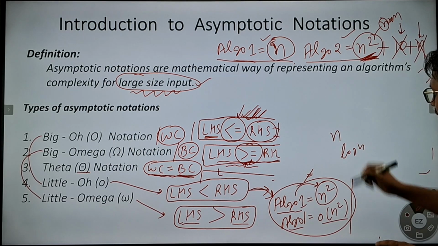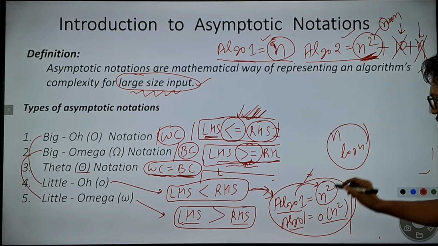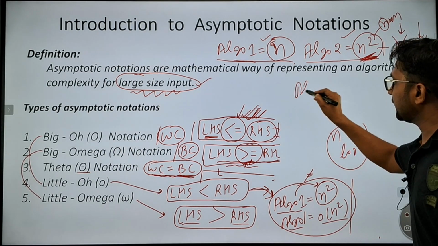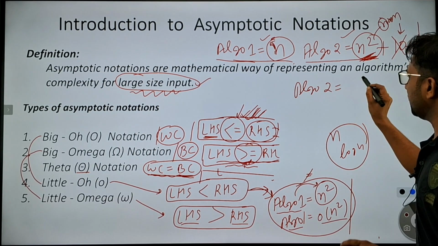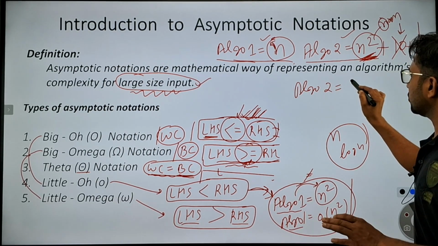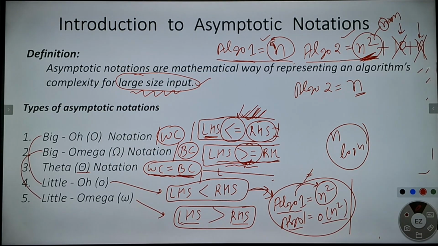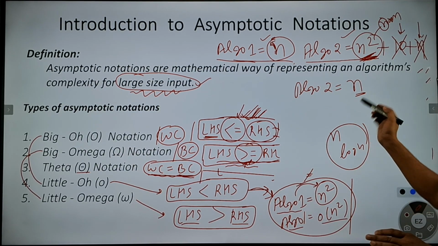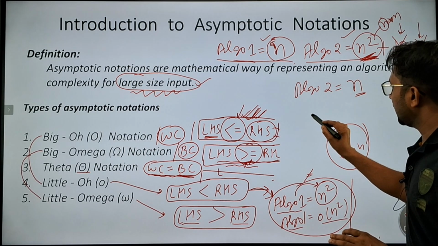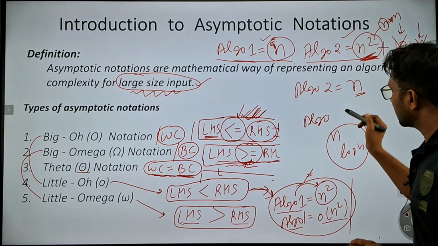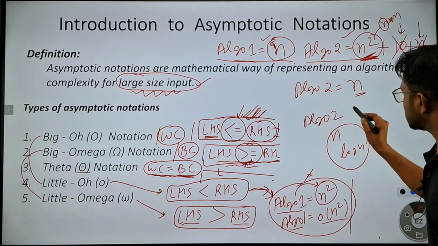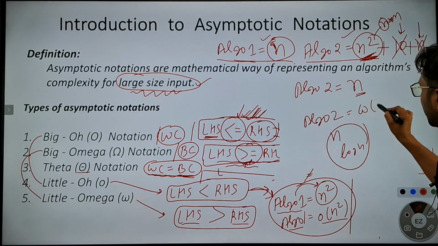And if we are sure about the minimum time, let me write algorithm 2, that your algorithm will not take even n time, then I can say that algorithm 2 is equal to small omega of n.